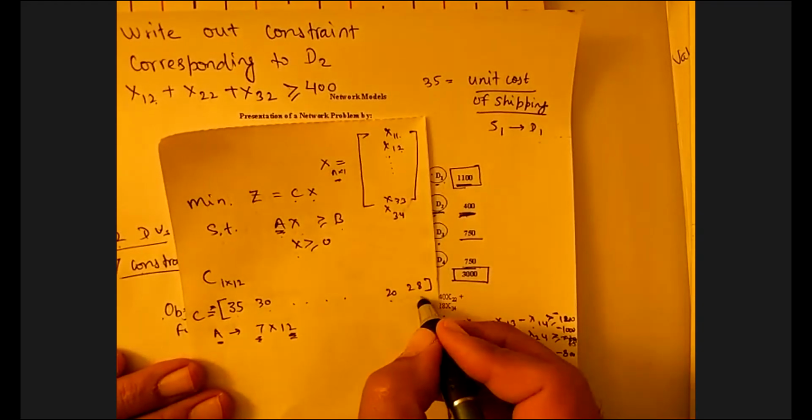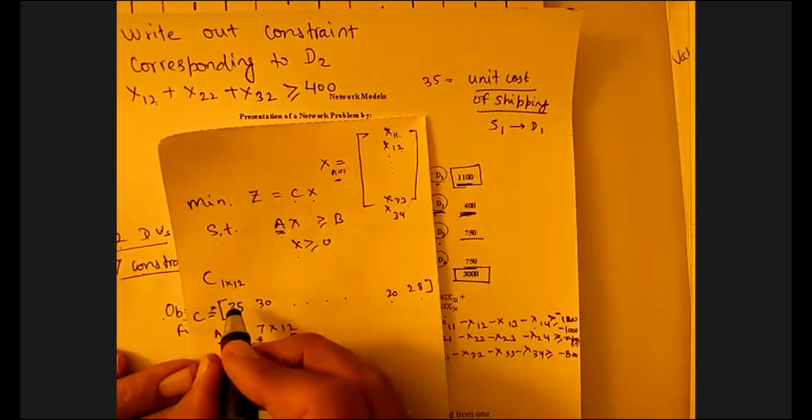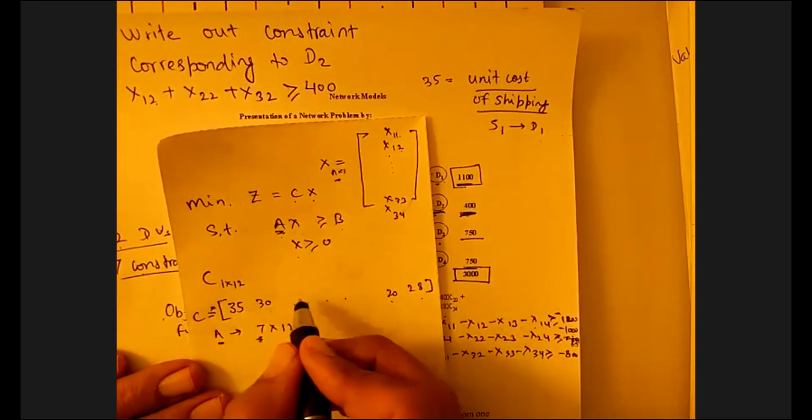It'll be 35, 30, and so on, and 20 and 28. These are the costs of shipping on each OD pair. And now the question is, the size of A will be 7 cross 12. It's M cross N, where M is the number of constraints.